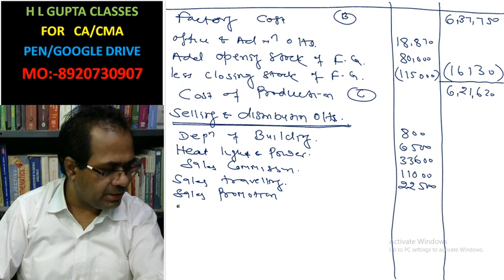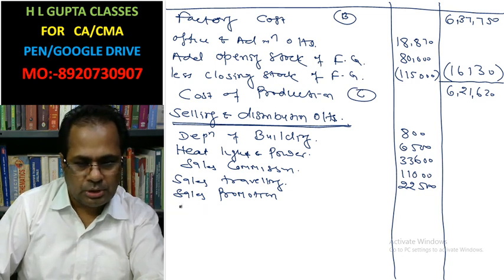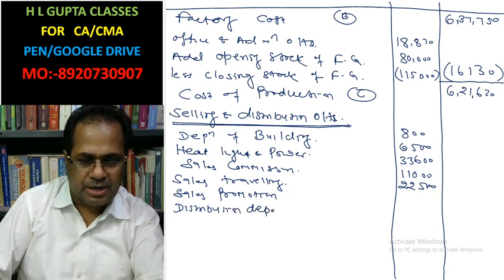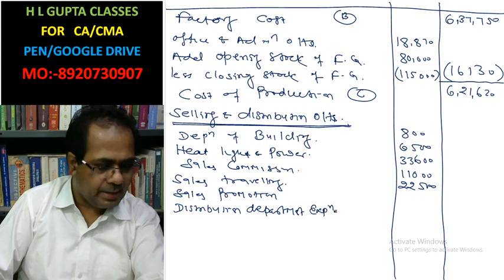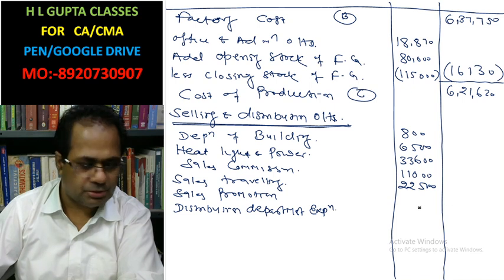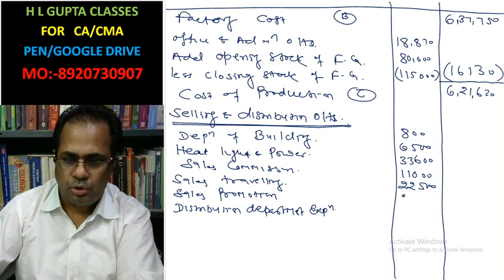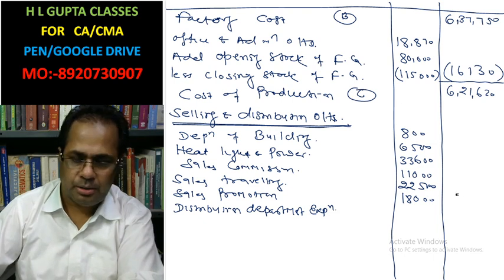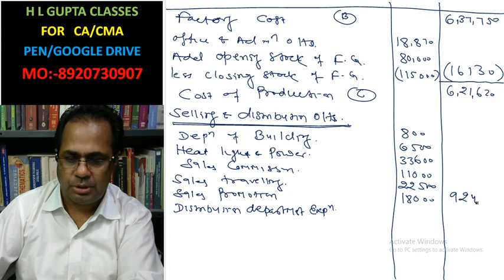Distribution department expenditure 18,000. Total your selling overhead is 92,400.